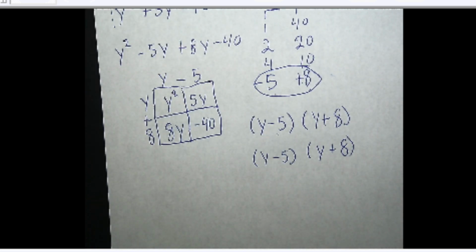So you can skip over all that box method or factor by grouping stuff if you realize that you have a leading coefficient of positive 1. Any questions? Okay. Well, obviously that means that sometimes we won't have a leading coefficient of positive 1 and we won't be able to use that shortcut.